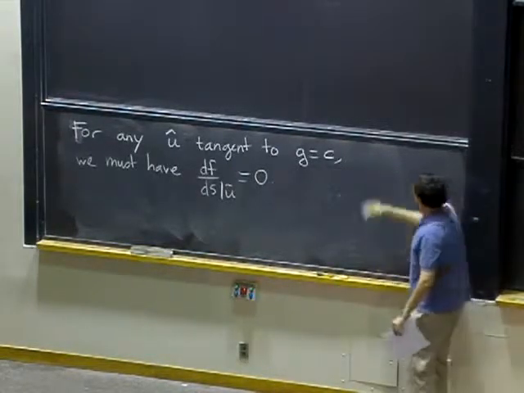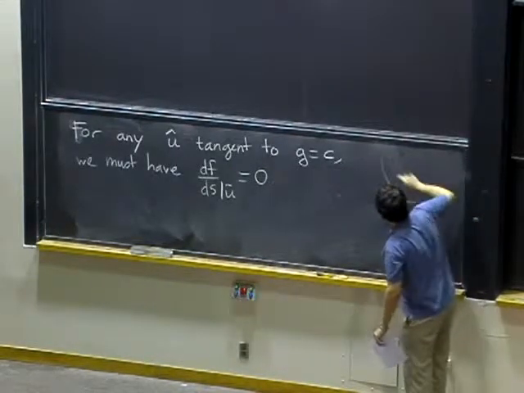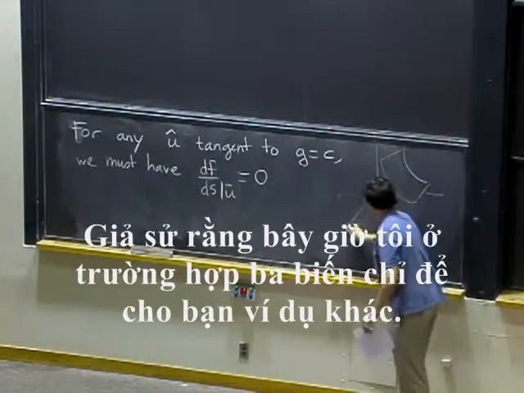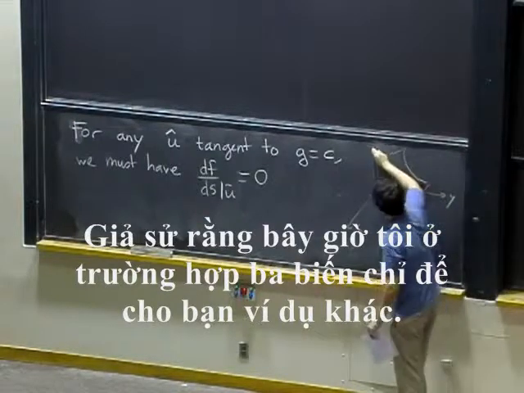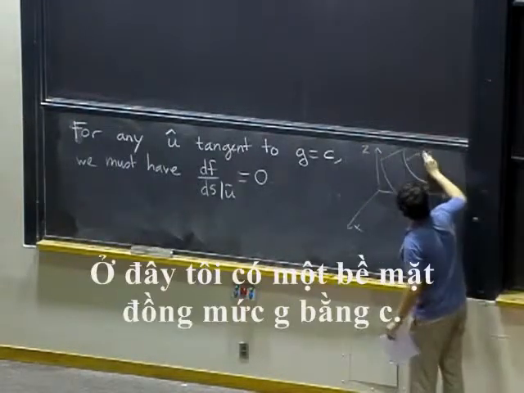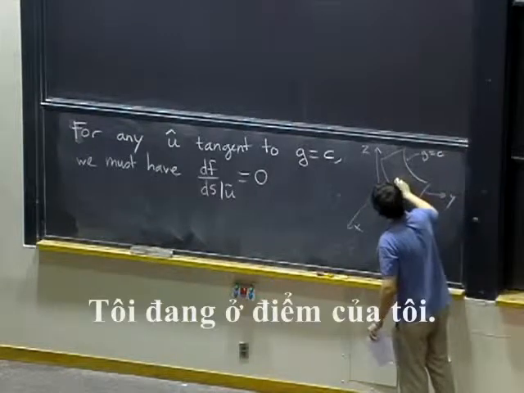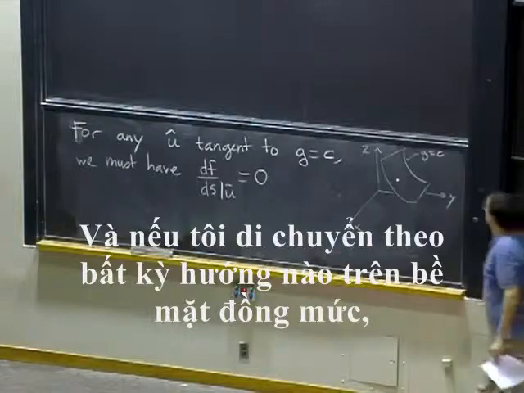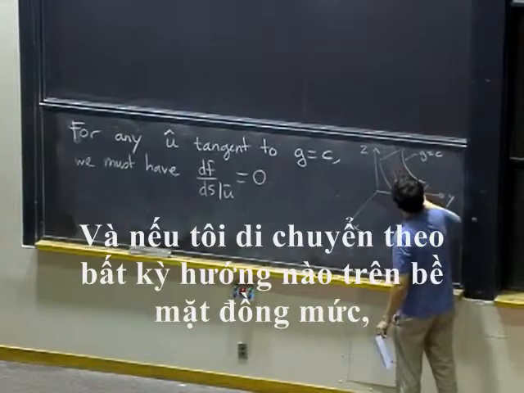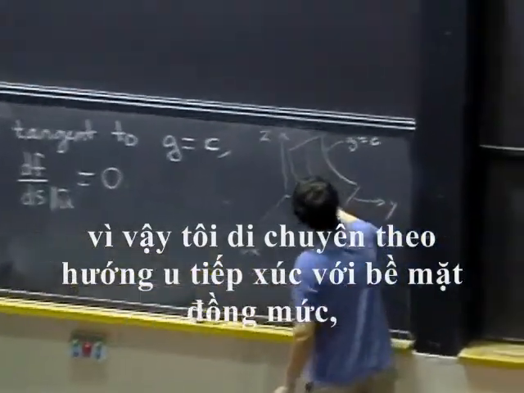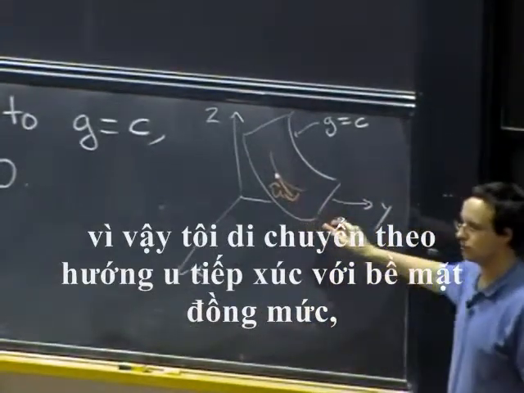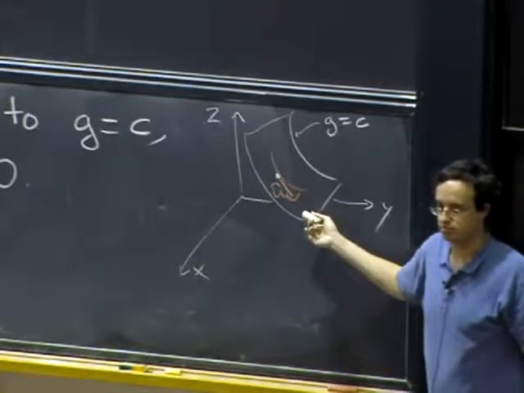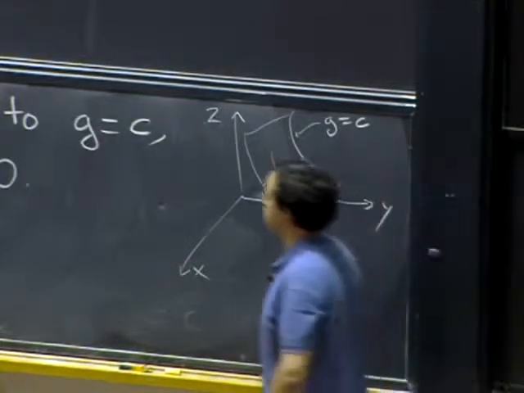Let me maybe draw a picture. Let's say now I'm in three variables, just to give you different examples. Here I have a level surface g equals c. I'm at my point, and if I move in a direction u that's tangent to the level surface, then the rate of change of f in that direction should be 0.